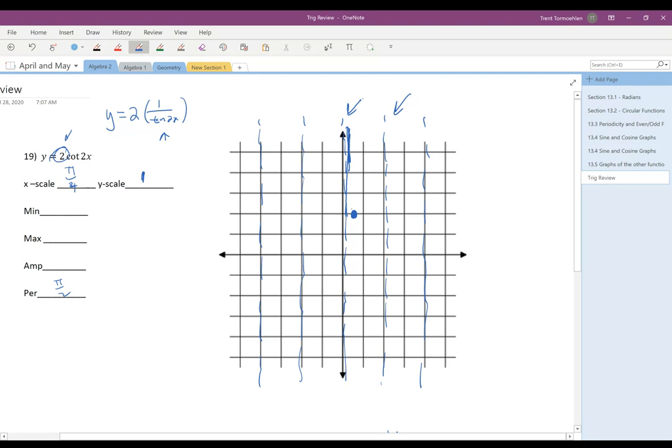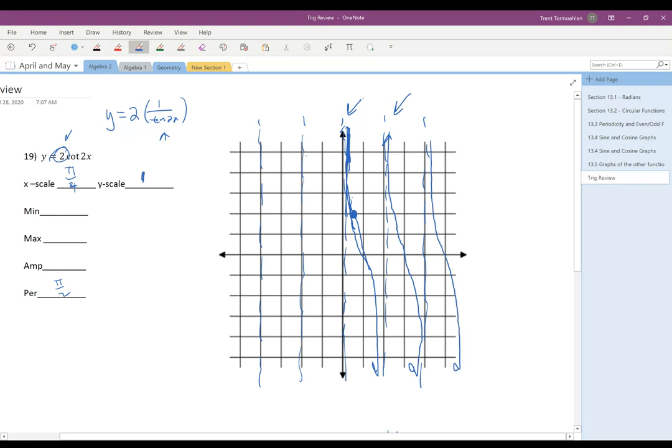So the graph looks something like this. These are really hard to draw. But the key takeaway is it looks just like the tangent graph, except that it is in reverse.